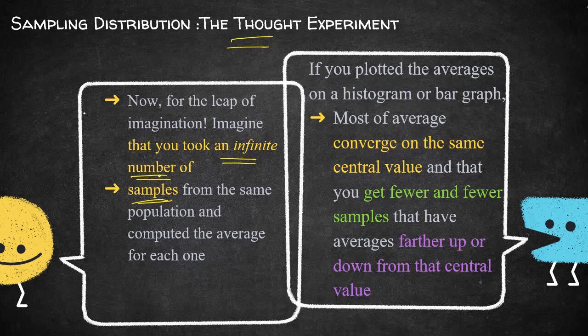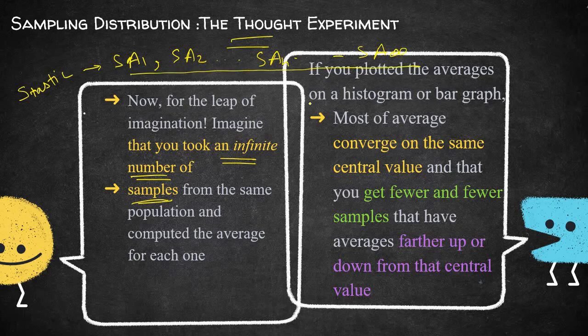For each sample you will get a sample statistic, let's say sample average: SA1, SA2, sample average 2, up to sample average n, sample average infinite. I do not know what this infinite would be, but this is how it is.